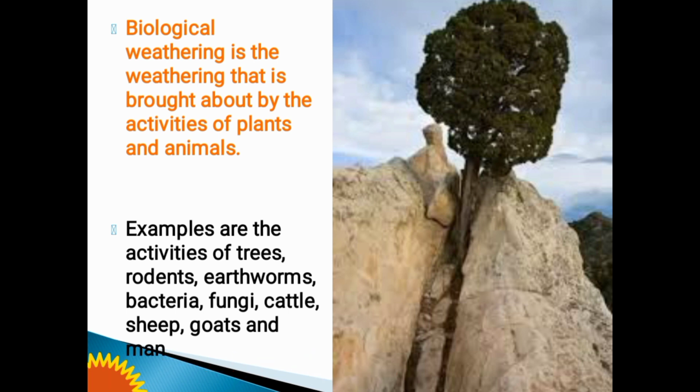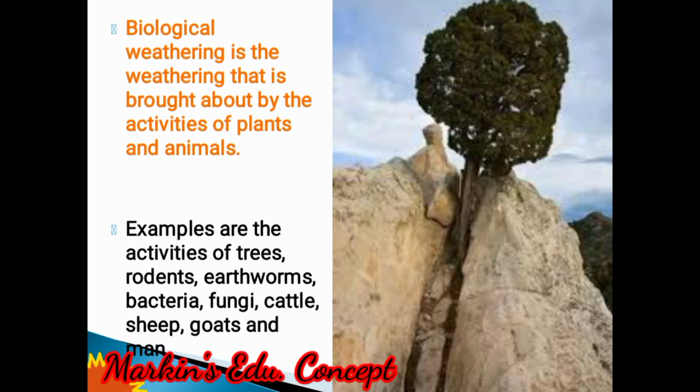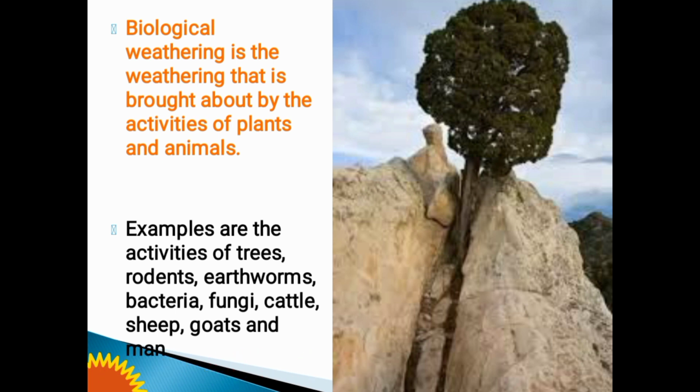When the cows are grazing, sometimes they have to climb mountains and all that. Because of the pressure they exert on those rocks, it causes changes so that they don't remain the same. Okay, and what happened? You see the bit falling off to form soil. Now the examples are the activities of trees.